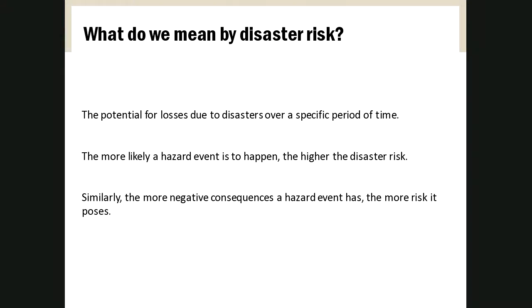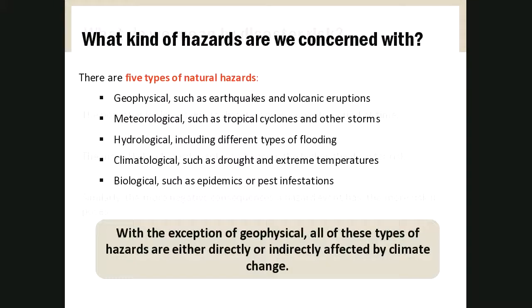If we look at development, we look more at risk reduction. When we talk about humanitarian, we look a lot more at disaster risk. So in this case, we are focusing on the disasters and their negative consequences on people and on livelihoods.